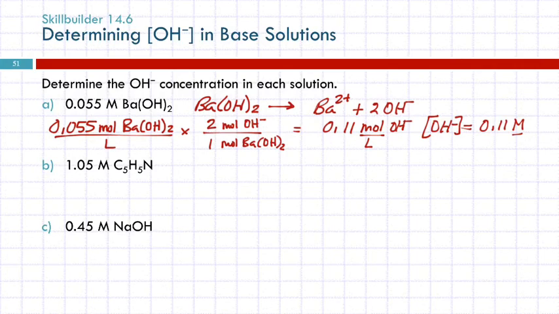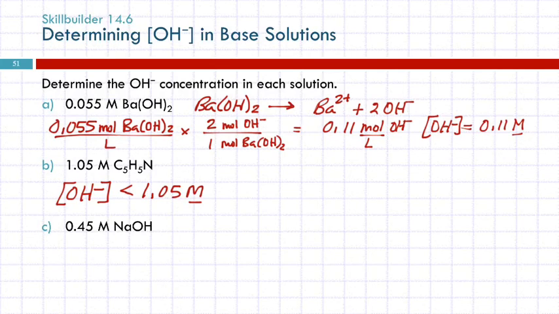But we definitely know it's not a strong base. So then what's the hydroxide ion concentration? Is it equal to 1.05? It's less than 1.05 molar. Because when this ionizes, it only ionizes a little bit. So the hydroxide ion concentration is going to be less than the concentration of the base itself.